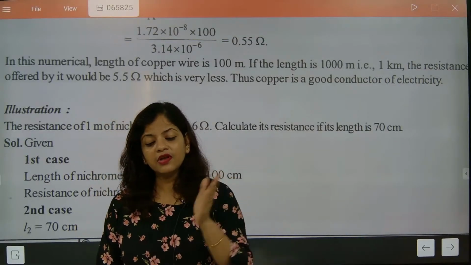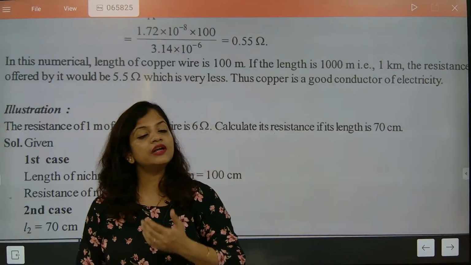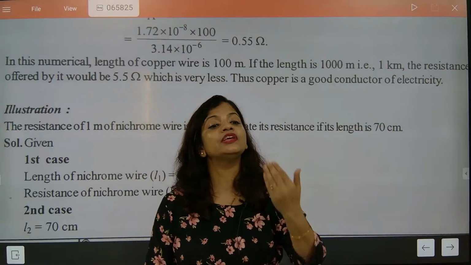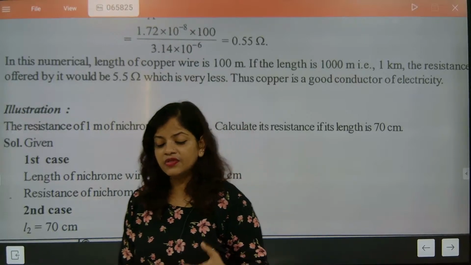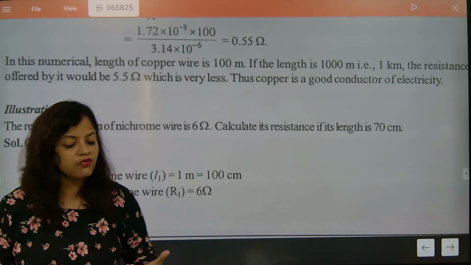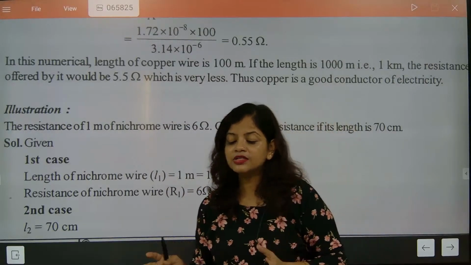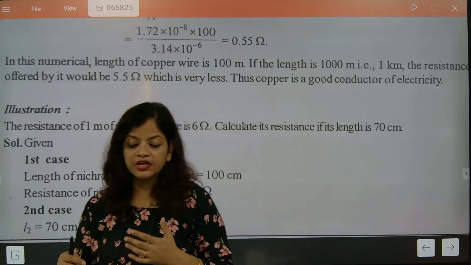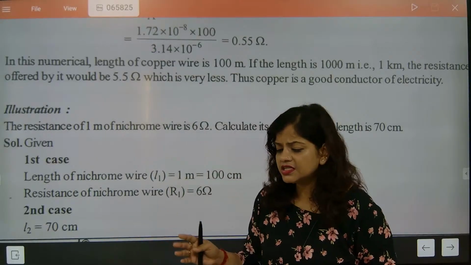So once the current is not allowed to flow uniformly, the current gets converted into heat. And it will turn red hot. The red hot nichrome wire becomes very, very hot. Understood? And so it gets converted into heat and light. This is exactly the purpose.